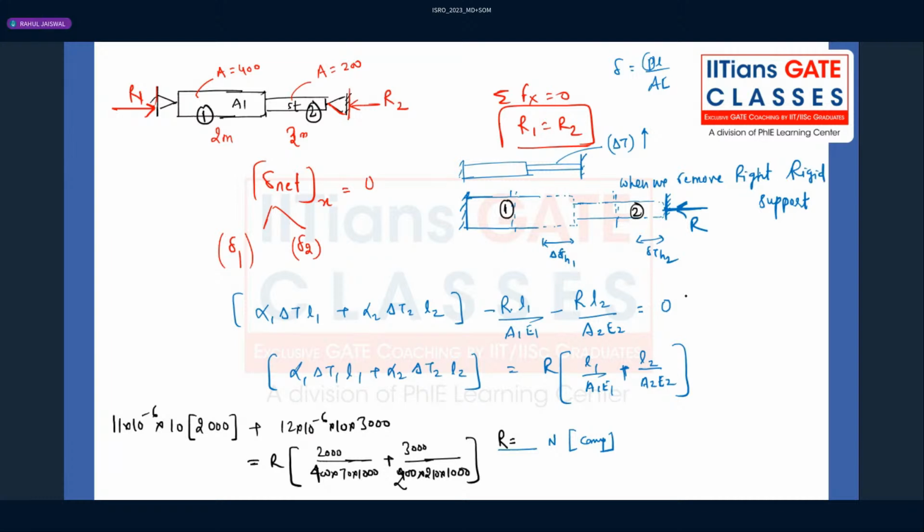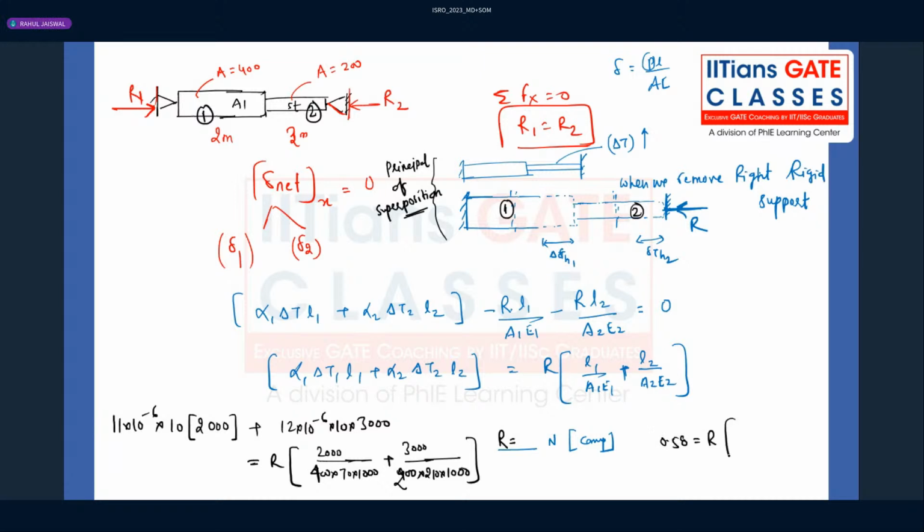This is called the principle of superposition. Eleven into 10 power minus 6 into 2000 into 10 plus 12 into 10 power minus 6 into 10 into 3000, that is 0.58.